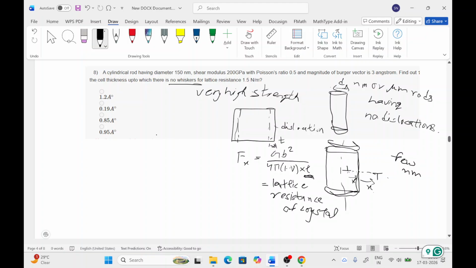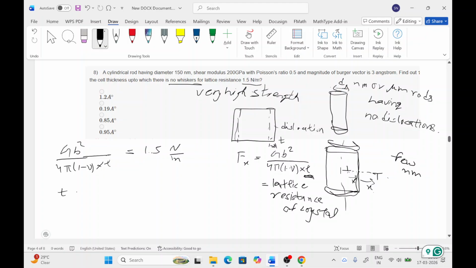So G b squared by 4 pi (1 minus nu) into T will be equal to lattice friction, which is given as 1.5 Newton per meter.